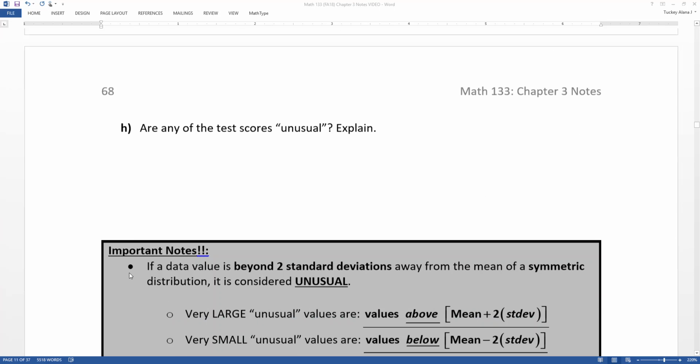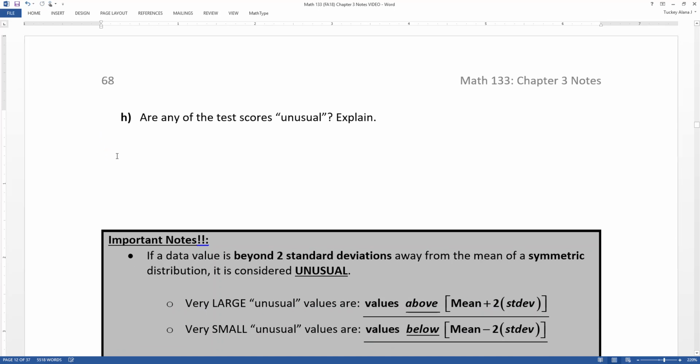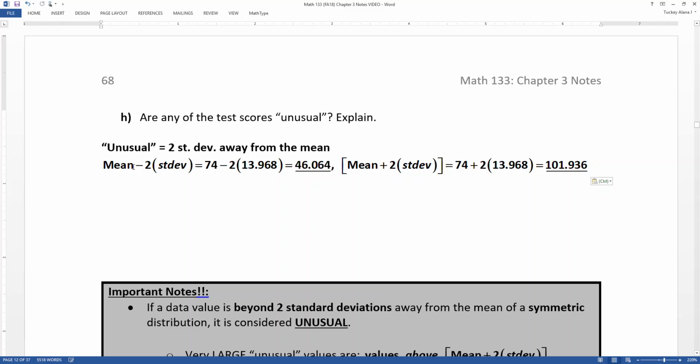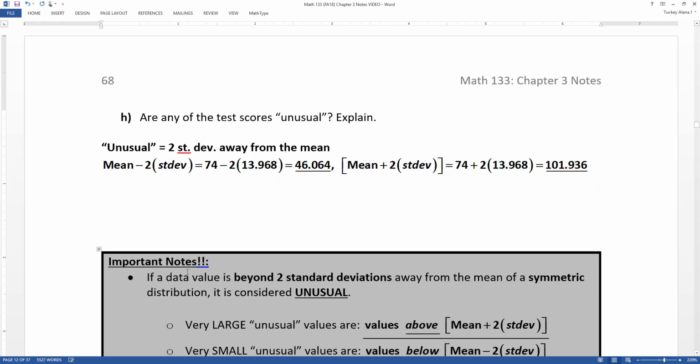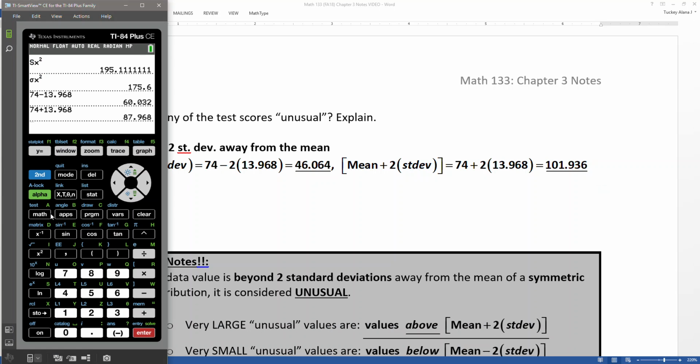So you want to take the mean, 74, and subtract away 2 standard deviations, and then add 2 standard deviations. I did, and you can see the calculation I did: 74 minus 2 times 13.968. That got me 46.064.